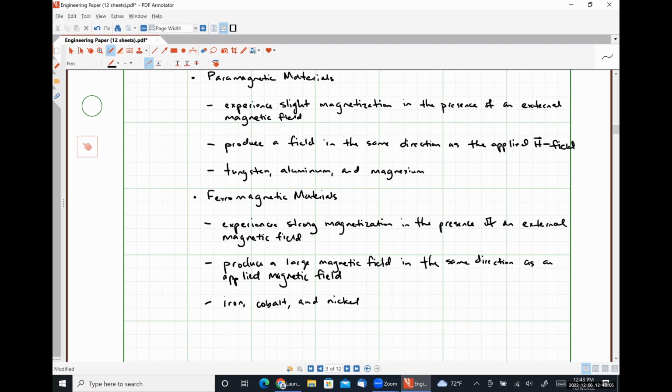So all three of these different materials react differently to an externally applied magnetic field. And that reaction is what I'm calling the magnetization. There is a material property that quantifies the magnetization, and that is called the permeability.